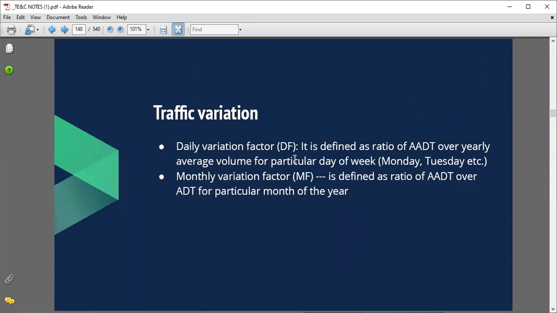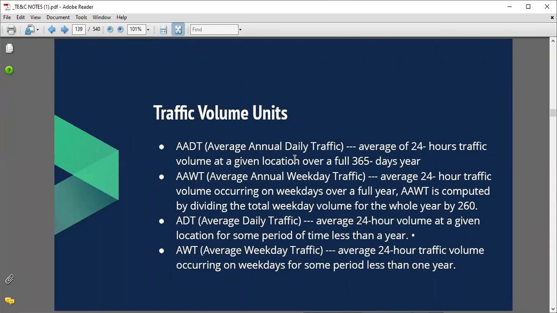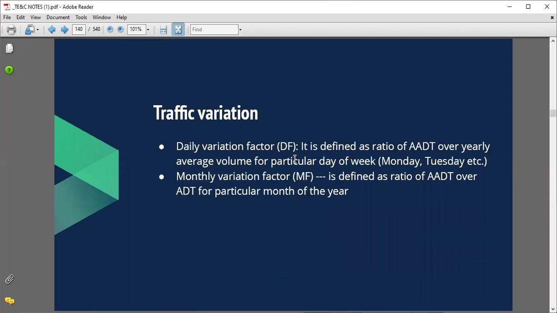Traffic variation. Daily traffic variation occurs at each and every time. It is defined as the ratio of annual average daily traffic over the yearly average volume for a particular day of the week, Monday, Tuesday, etc. Likewise there is monthly variation and daily variation.